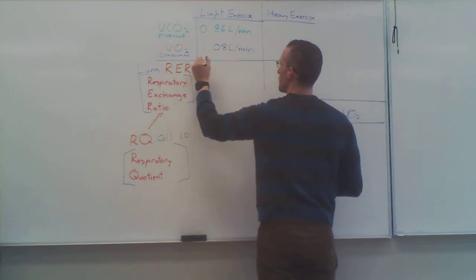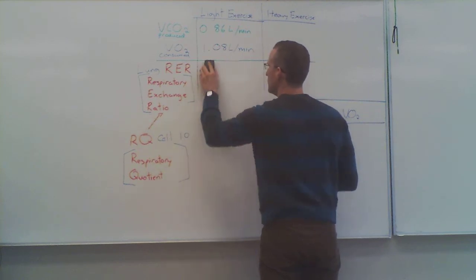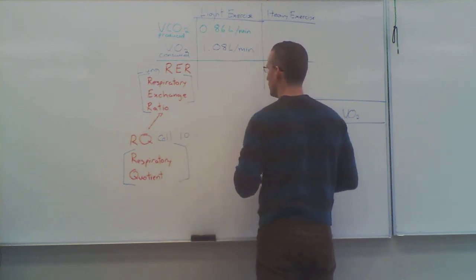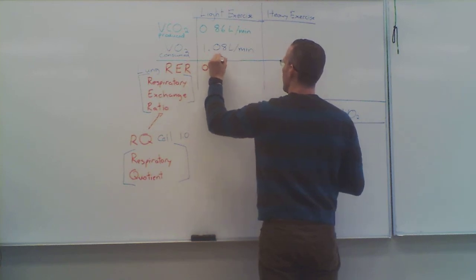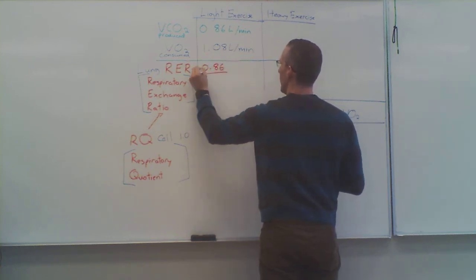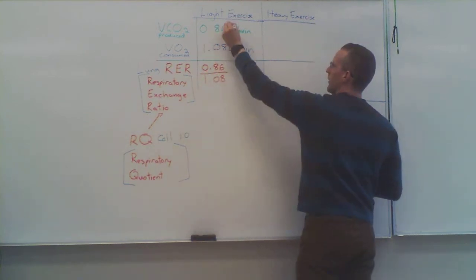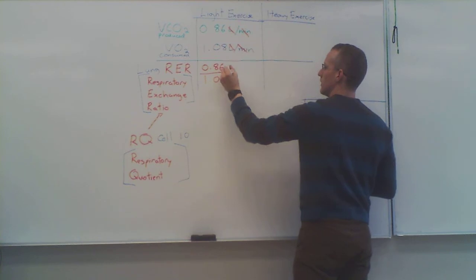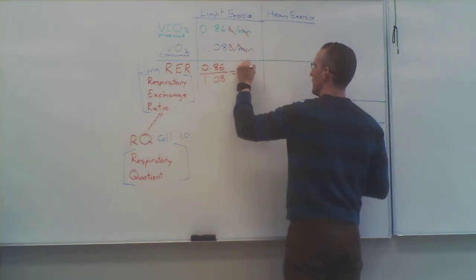So here we would have 0.86 divided by 1.08, and all the units will cancel, and we're left with a number, in this case 0.80.